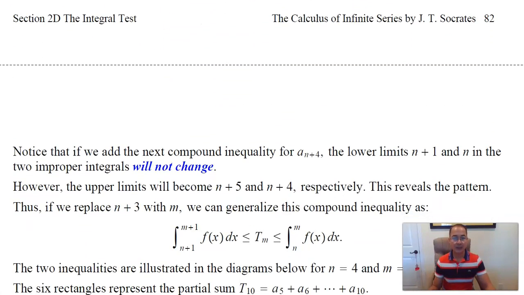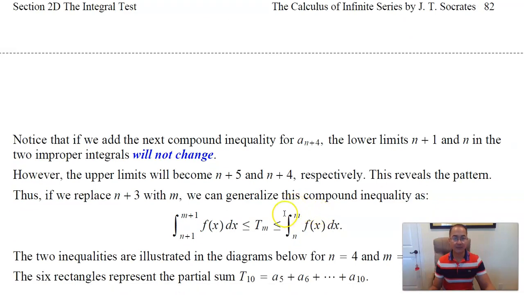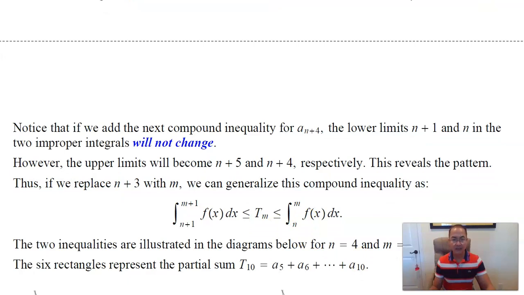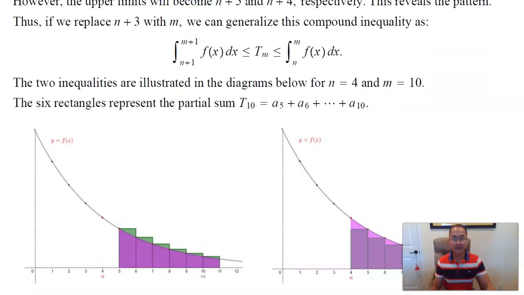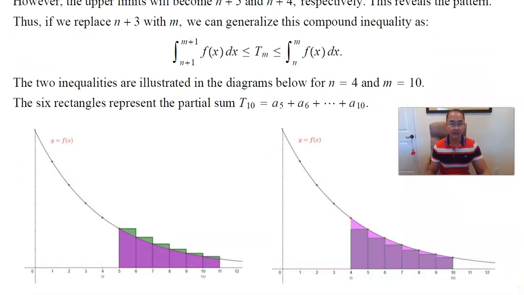In general, our t_n is between the integral from n+1 to m and n to m. So here's a diagram that explains that a little better. We are going from 5 to 11 here, and from 4 to 10 over here. And check it out.